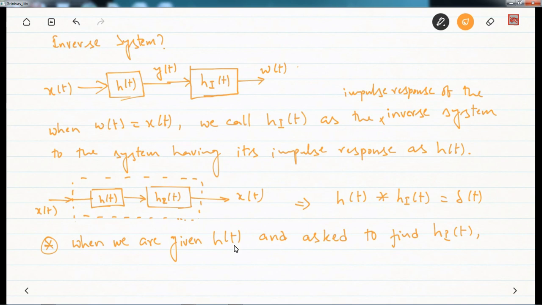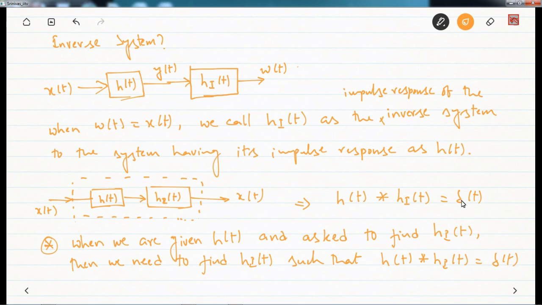We are given h of t, and then we are asked to find hi of t, the impulse response of its inverse system. Then we need to find hi of t such that h of t convolved with hi of t is delta of t.